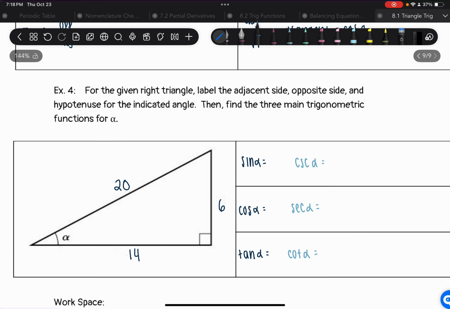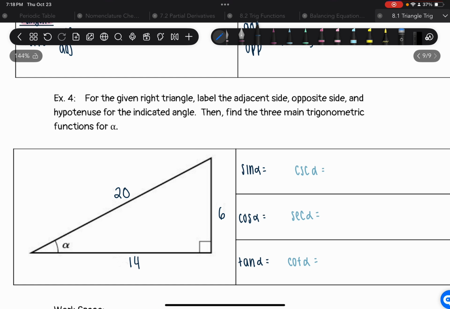Okay, let's look at this example. So for the given right triangle, label the adjacent side, opposite side, and hypotenuse for the indicated angle. So my angle is down here. I can tell because it's where the 2 rays meet, and this little curve, which represents the angle. So opposite from the angle means on the opposite side is over here where I have 6.